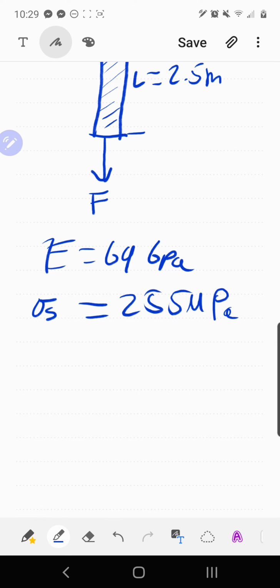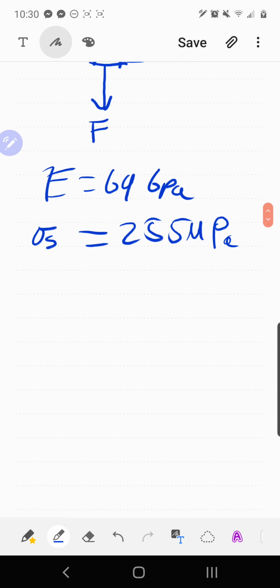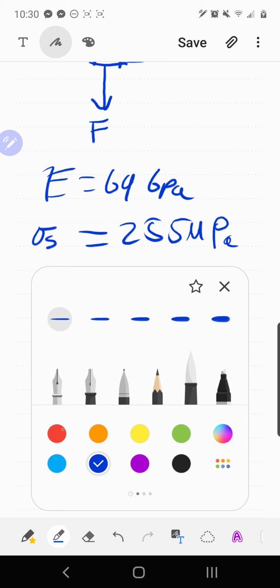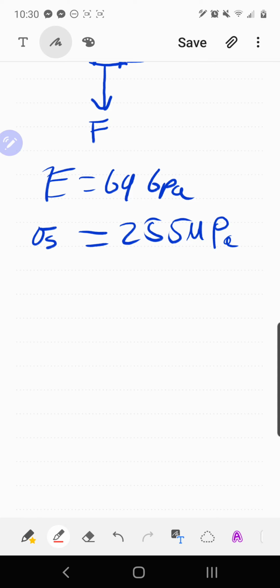All right, so what do we have to do when we're working with deformable bodies or mechanics of materials, which is the same class? Hooke's law is very important. It's probably going to be in your handbook, but if you've memorized the formula already, which is not very difficult, that is also great.